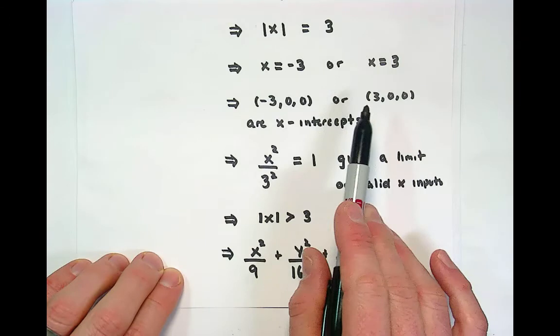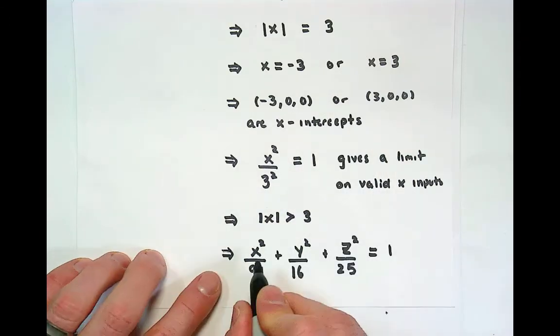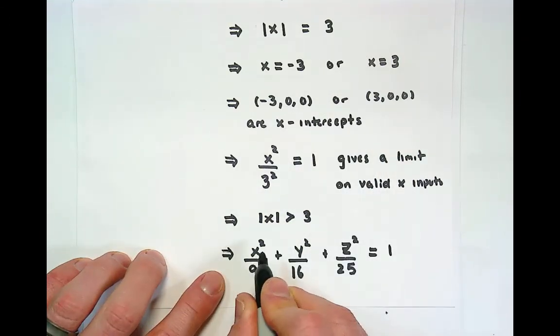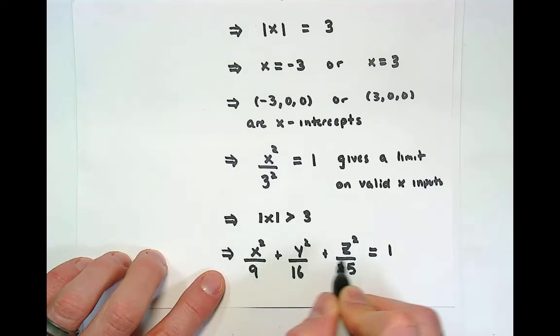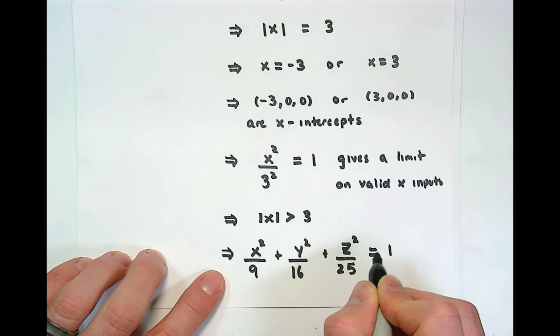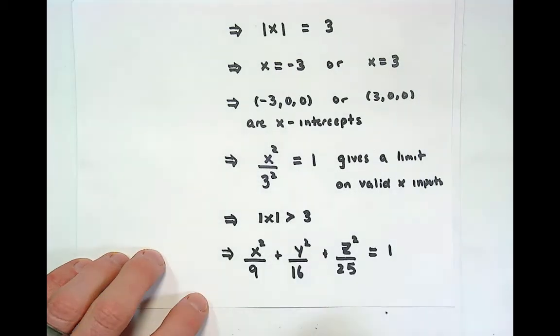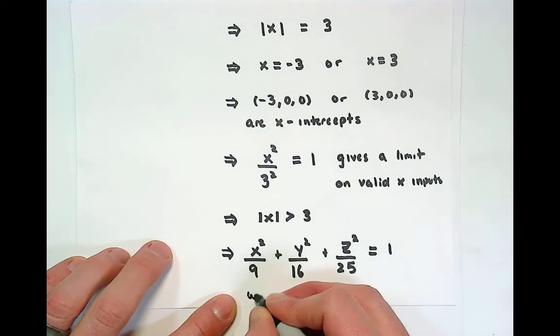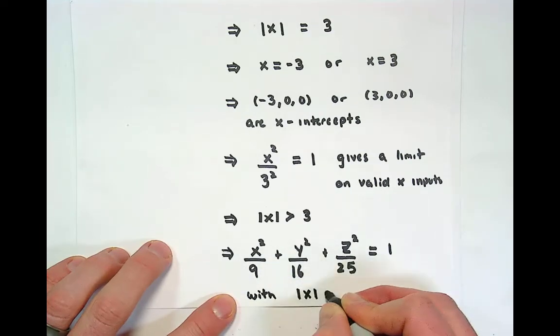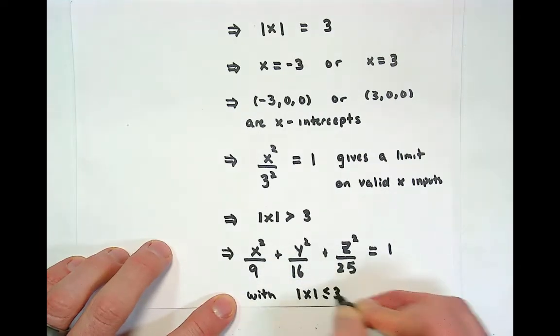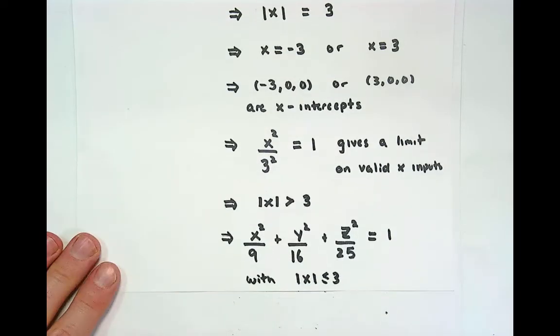The only places where x is 3 or negative 3 are at the intercepts, but we see that x could never be greater than 3. If x is greater than 3 or less than negative 3, this ratio will be bigger than 1. These are non-negative numbers, which means the equation would be violated. And in particular, we get this limit that the absolute value of x will always be less than or equal to 3.